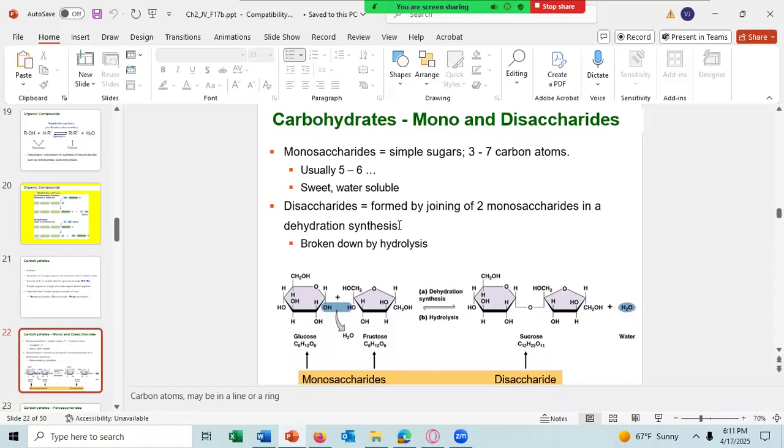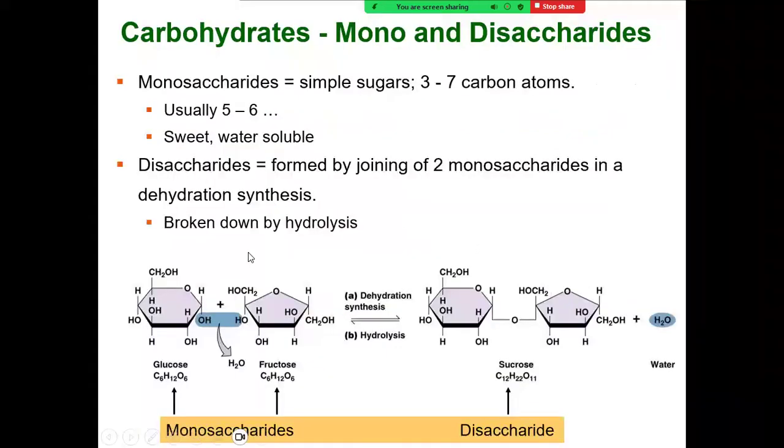Disaccharides are formed by joining two monosaccharides together in a dehydration synthesis reaction. Let me blow this up so I can show it to you. So we can have glucose, C6H12O6, shown here, and fructose, also C6H12O6, shown here, come together in dehydration synthesis, where H will be pulled off the fructose and OH pulled off the glucose.